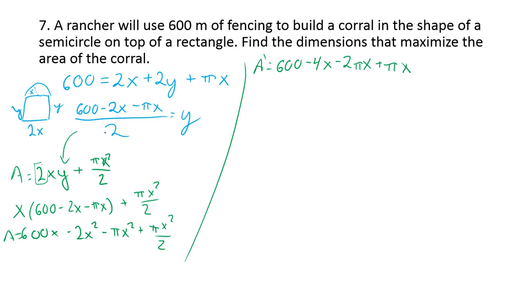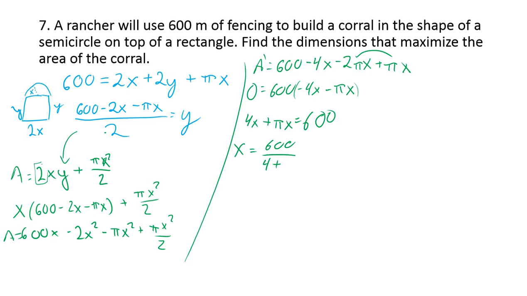Combine like terms, simplify it down. We're going to have 0 is equal to 600 minus 4x minus pi x. Okay, that's from combining these two. Moving these onto the other side, giving us 4x plus pi x is equal to 600, which means that x is equal to 600 all over 4 plus pi.